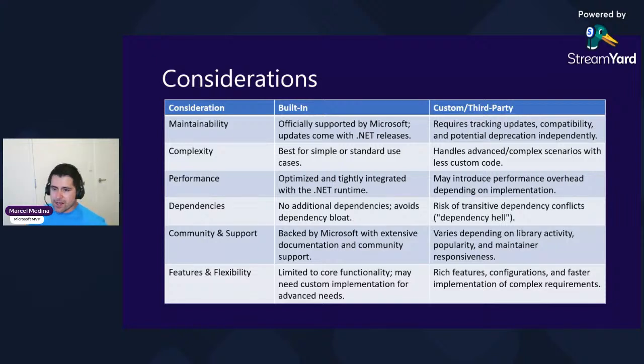The last one here, features and flexibility. Well, this one would be limited to what's available in the core functionality. If you need more than that, you need to implement custom or your own implementation with advanced needs.